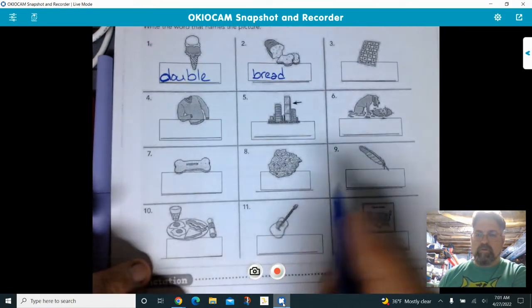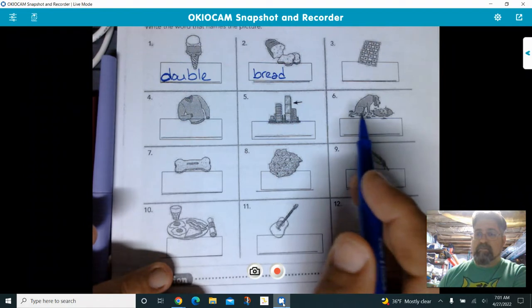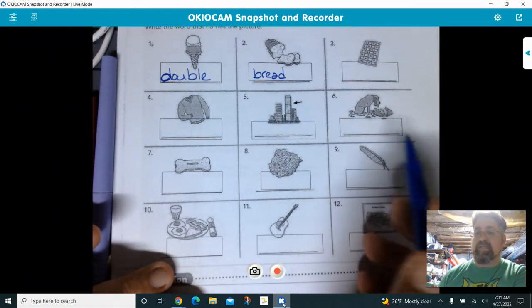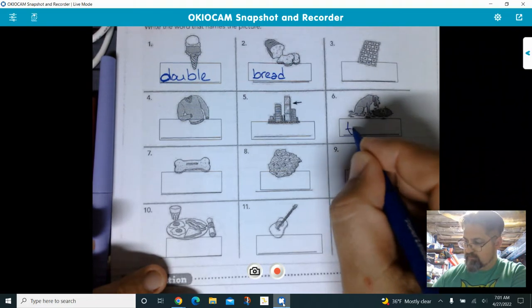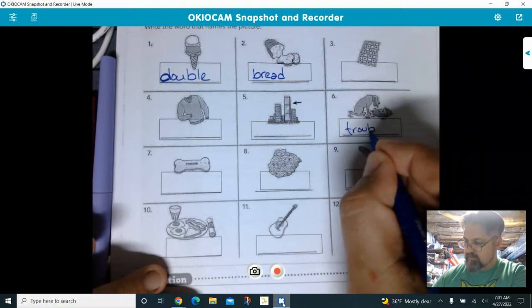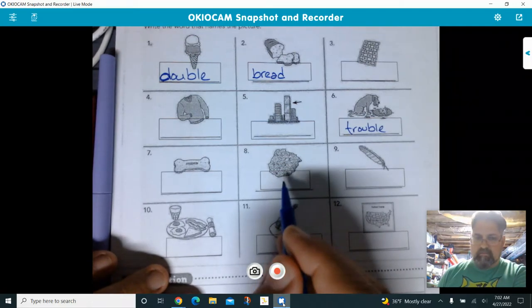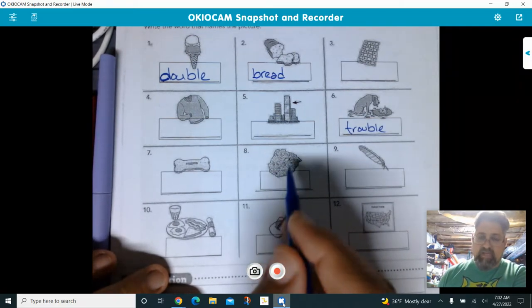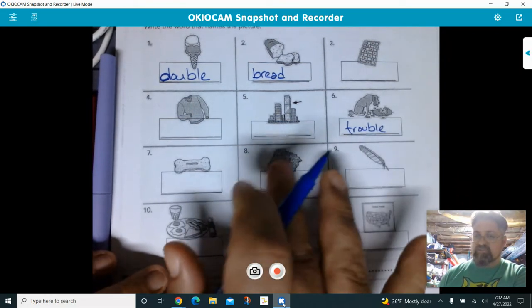What's the dog doing? Oh, the dog's getting in trouble. That's what he's doing. He's eating the pillows, therefore the dog is in trouble. That rough, jagged looking blob of stuff just represents rough. It's not very smooth.